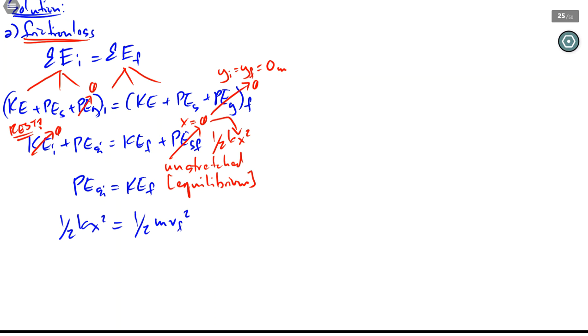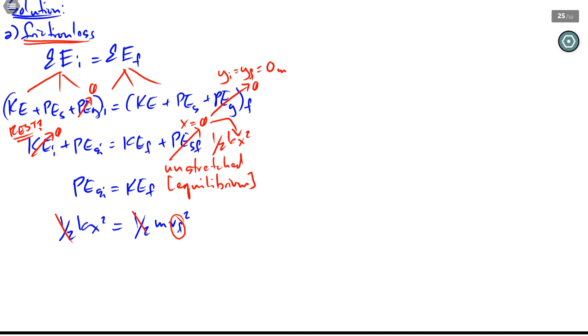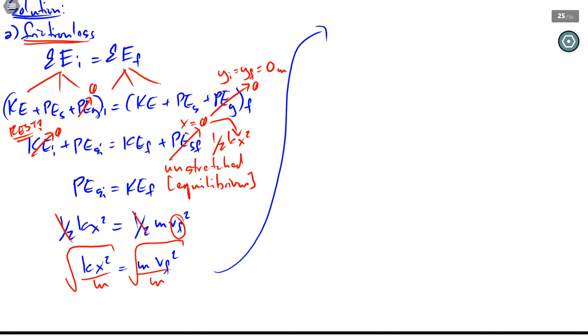Okay, and remember we're looking for this. The 1/2s also cancel out. Okay, so I'm going to do a 2 for 1. I'm going to divide both sides by m, since we're looking for VF, and take the square root of that. Okay? Boom.